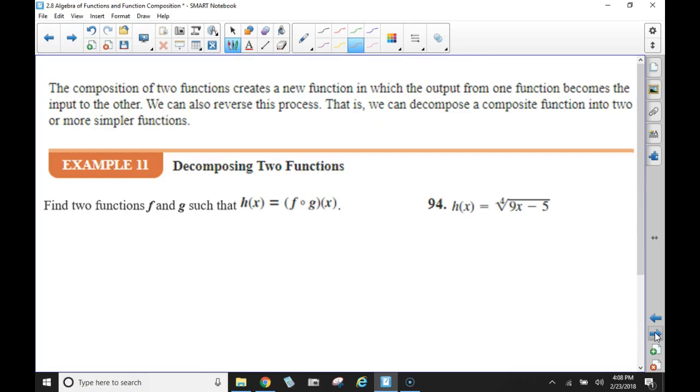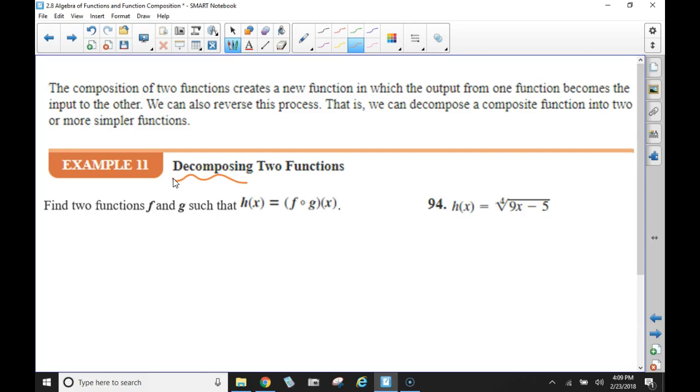Okay, so we can have composition of 2 functions, which is basically mixing one function into another function to create a new function. We can also reverse the process and break apart the mixture of 2 functions, if you will.